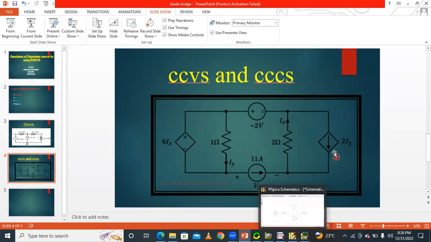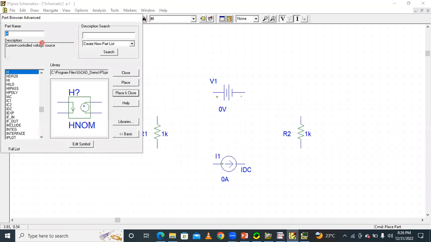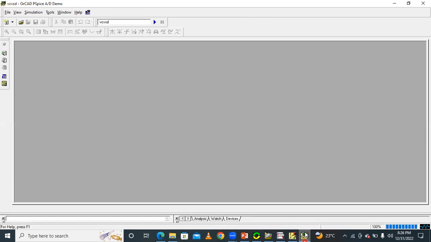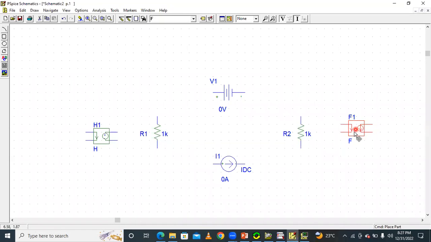Next, the current dependent current source, the current controlled current source. Go to library, enter F. This is the current dependent current source, and then place it here. Its source direction is downwards.